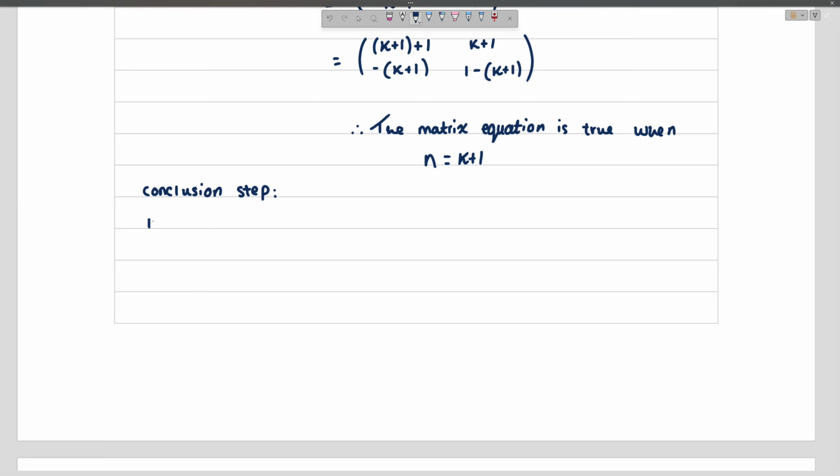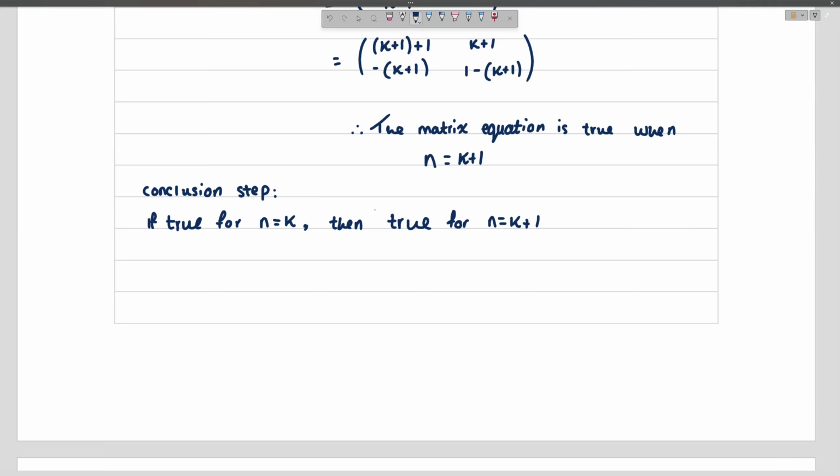So if true for n equals k, then it's shown to be true for n equals k plus 1. So then true for n equals k plus 1.